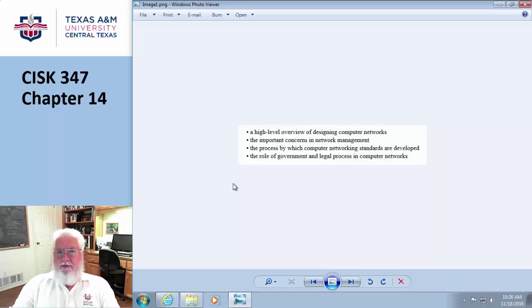So that'd be good. You also need to know their physical locations. How physically far apart are they? Because there's an awful lot of things, for example, if they're more than 100 meters away, then probably just a single category 5 or category 6 cable is probably not going to work.